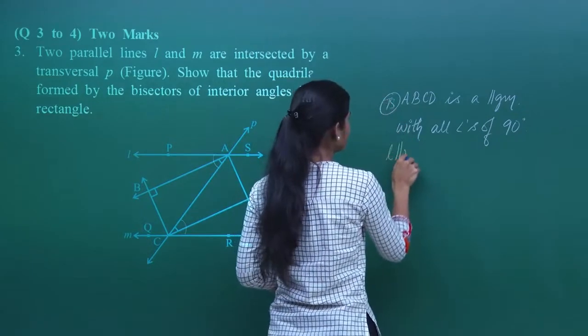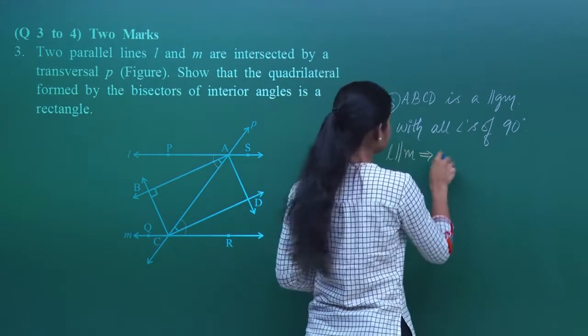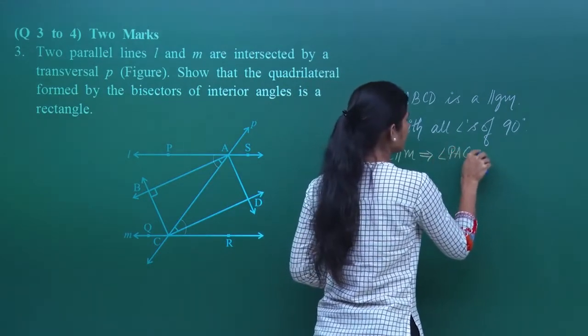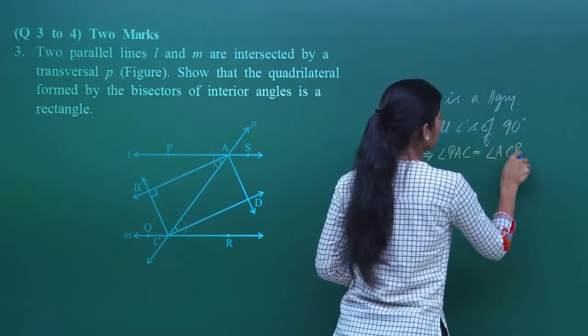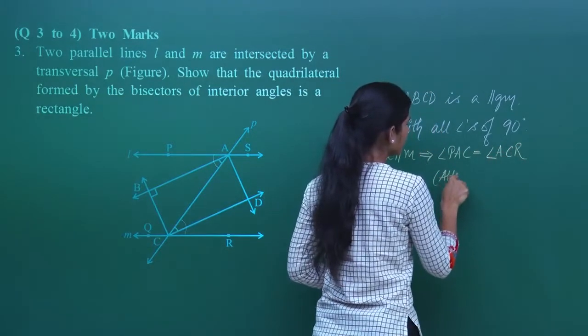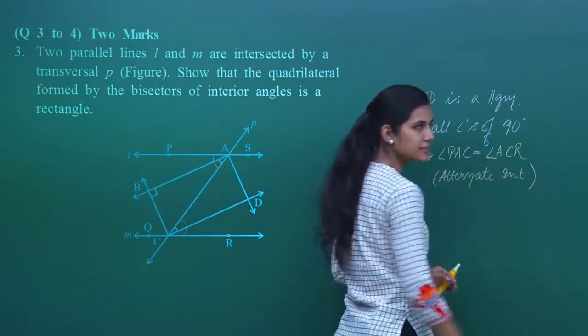So L is parallel to M. This implies angle LAC or PAC is equal to angle ACR. Why? The reason is alternate interior angles.